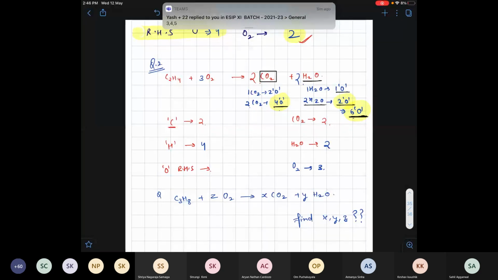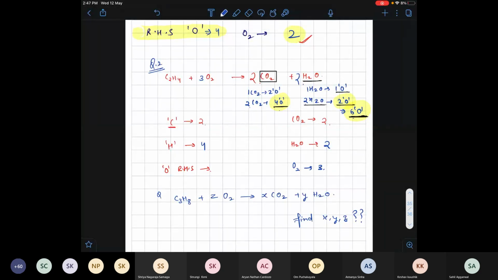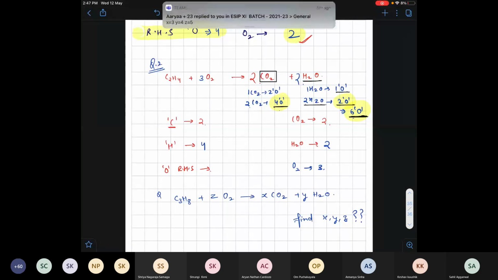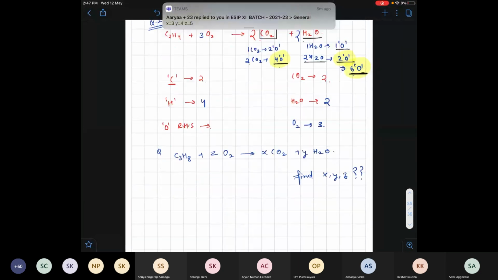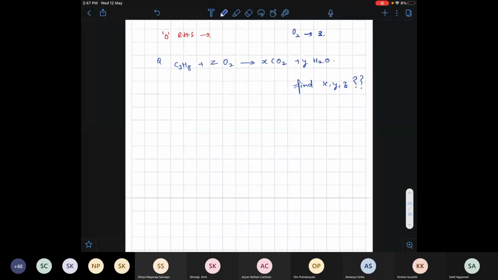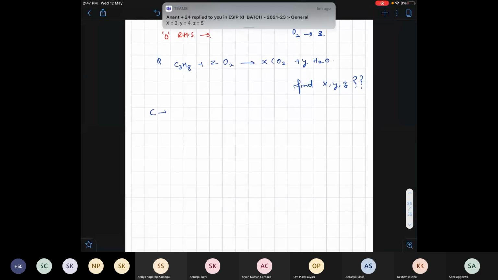Purvi, I think you have not given the answer according to XYZ. I think you have not placed your answer properly. Carbon is 3, so CO2 will be 3. That means X is 3.